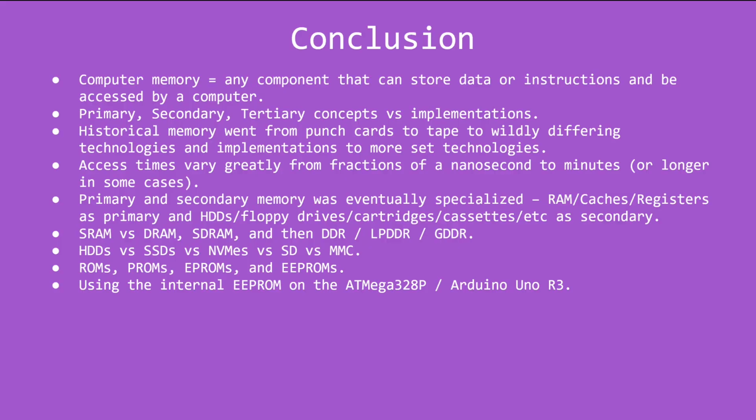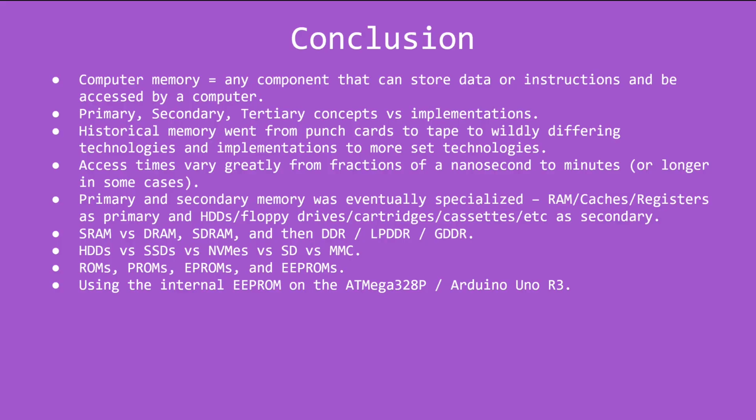We talked about SDRAM, synchronized DRAM, and that took over really in the 90s. And then in the 2000s, we moved to DDR. And then we talked about low power DDR and graphics DDR, and there's other types as well. We talked about the original magnetic hard drives that dominated for so long. In the 2000s, we moved into solid state drives, and then we've had solid state drives that don't use SATA anymore.